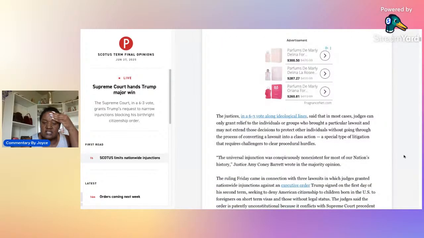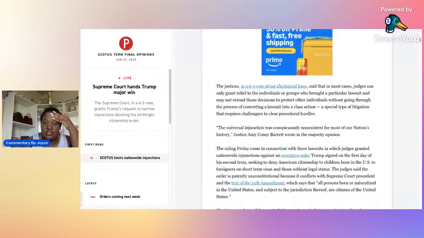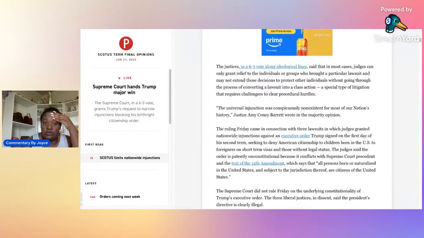So the justices, in a 6-3 vote along ideological lines, said that in most cases, judges can only grant relief to the individuals or groups who brought a particular lawsuit and may not extend those decisions to protect other individuals without going through the process of converting a law into a class action, a special type of litigation that requires challengers to clear procedural hurdles.